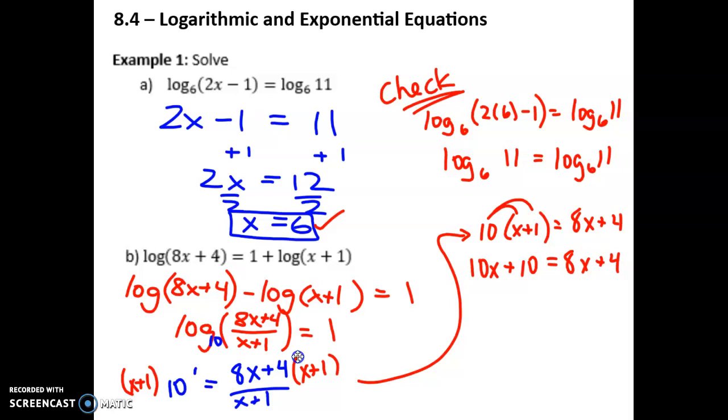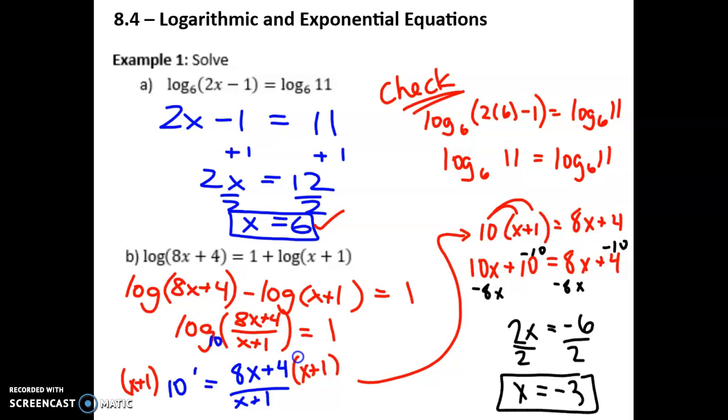And then we'll move things around. So I'm going to subtract my 8x to be over by the 10x, and subtract my 10 to be over by that 4. So we'll on one side be left with 2x, and on the other side be left with negative 6. So when I divide out the 2, we're left with negative 3 for our answer.